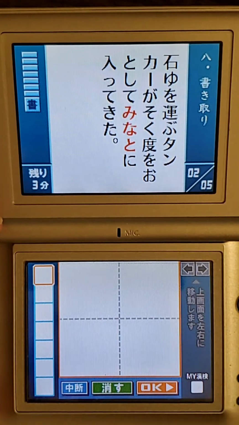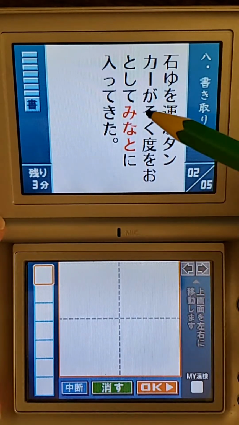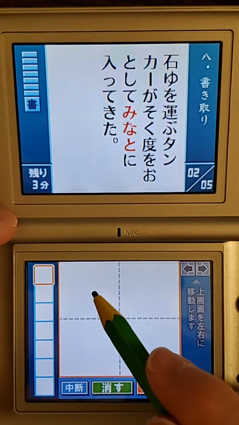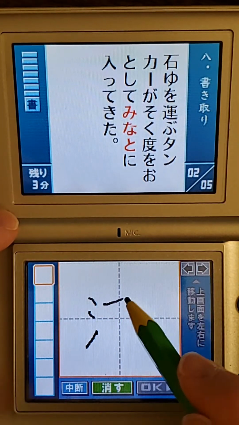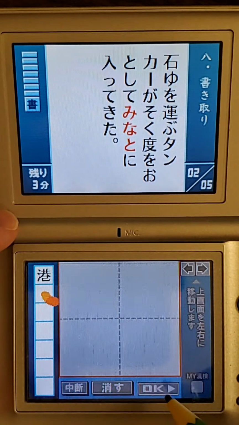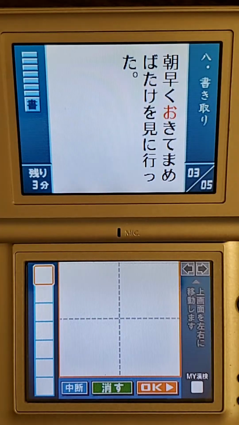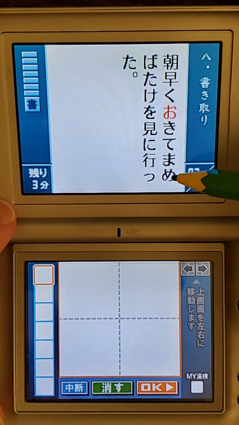I mean, you remember a lot of them, but you forget some of them if you don't do the tests specifically for those. So Minato, so this is port. So Sanzui. Minato, port.